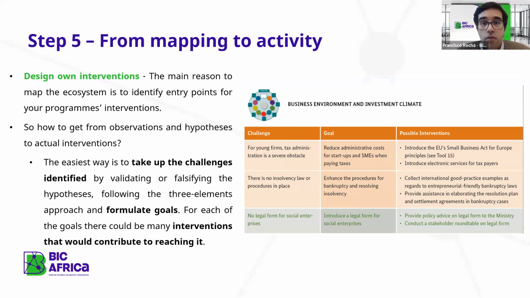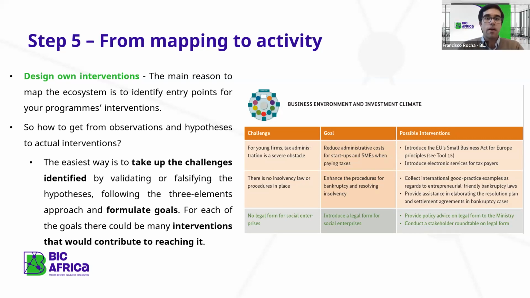And through that, you will conclude by proposing a set of possible interventions that you can take to address these challenges and to achieve the goals. So you have there an example of some of the conclusions and some interventions that can be taken by the entity or person that is developing the entrepreneurial mapping and that wants to develop a set of interventions.